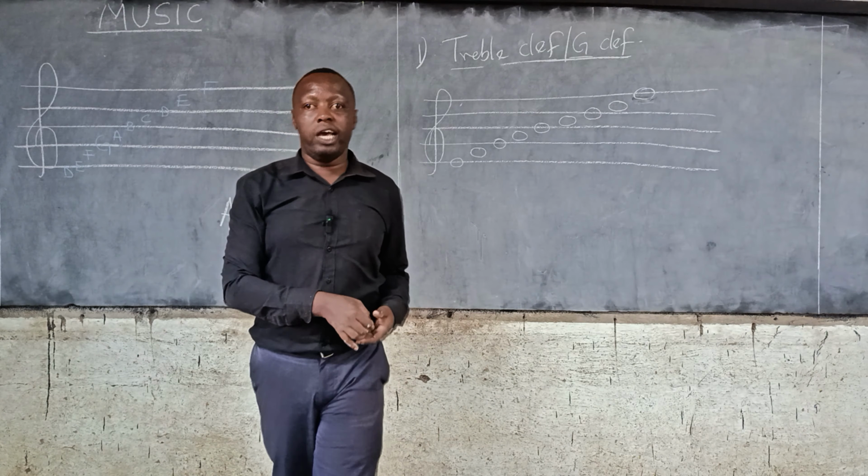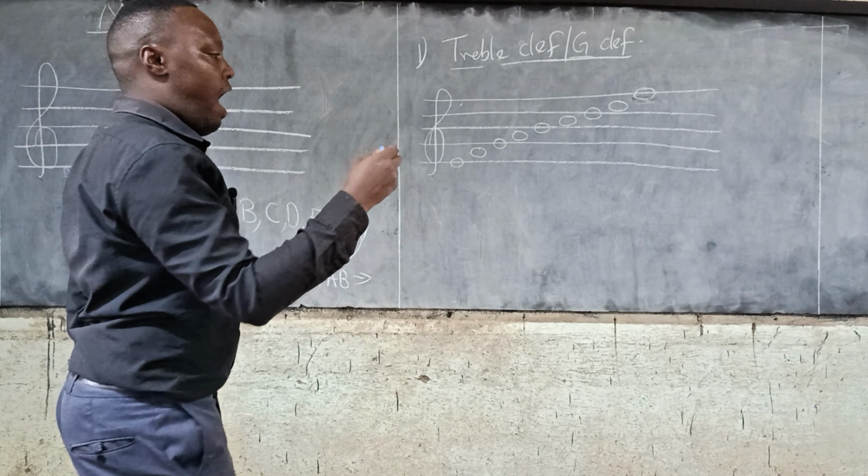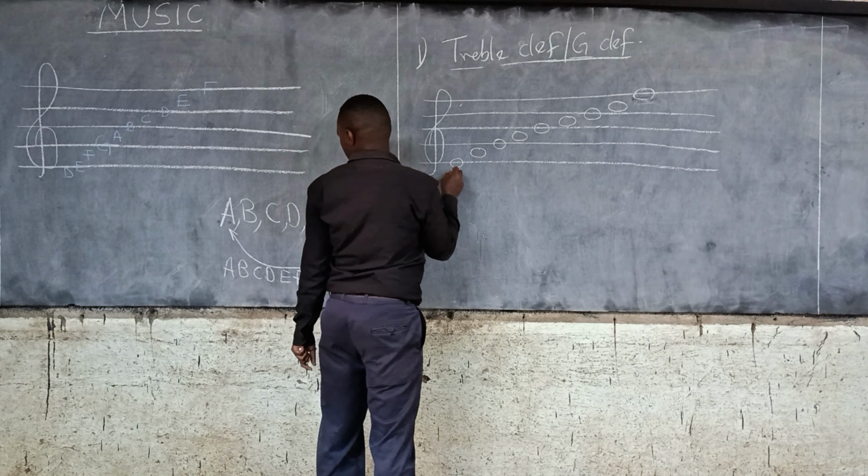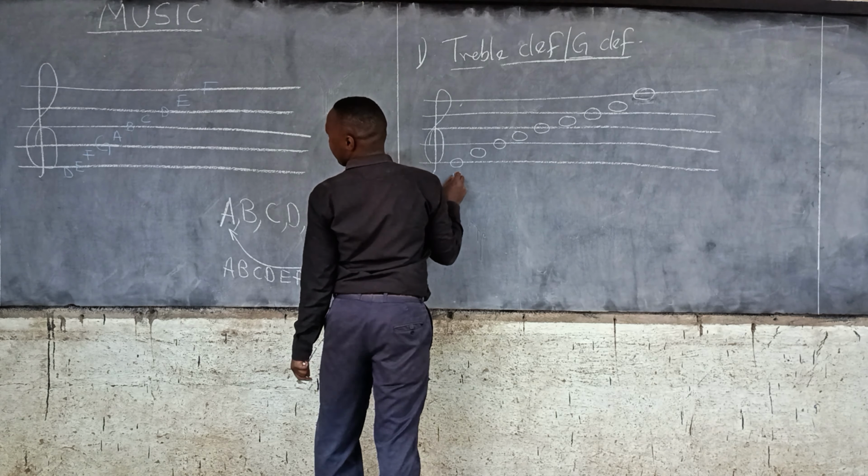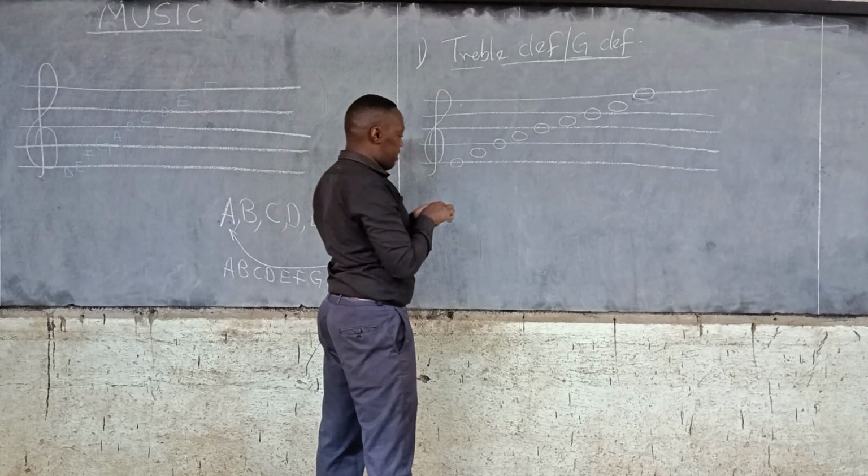Now we are going to label it with the letters as they represent. So there is a D here.